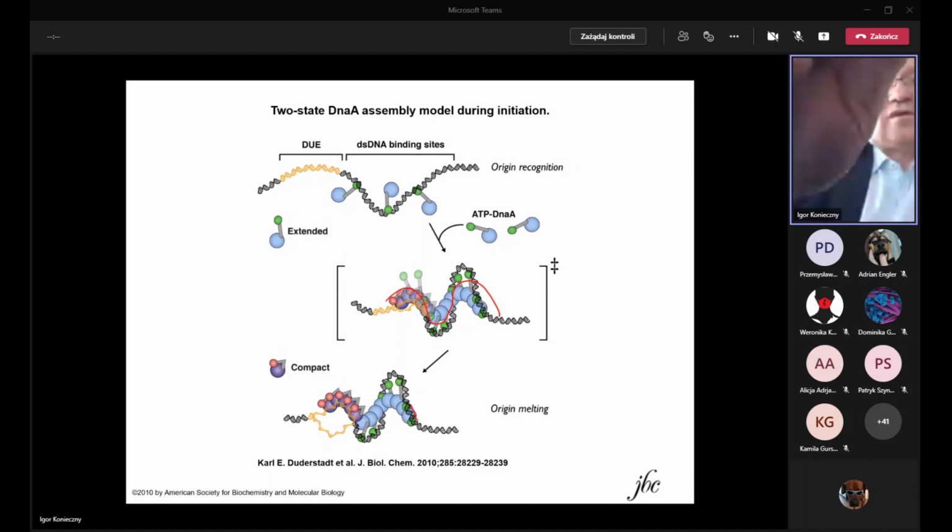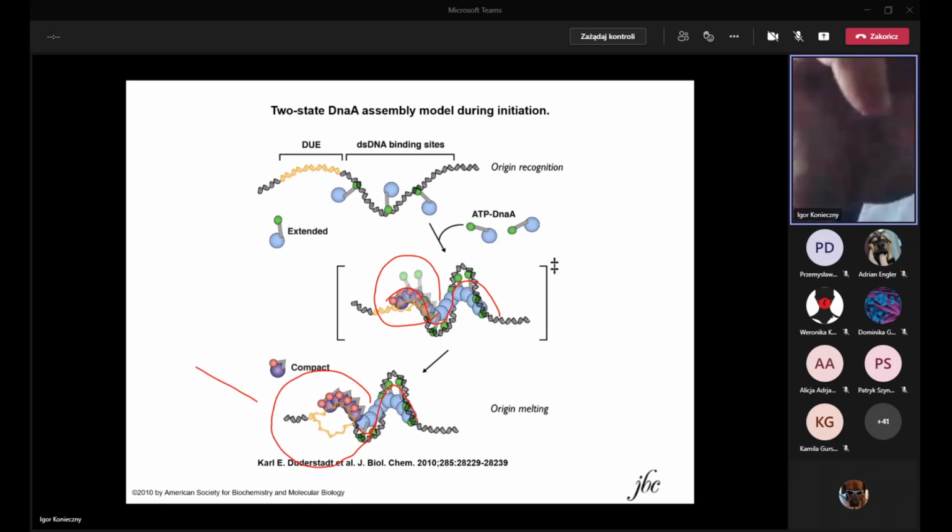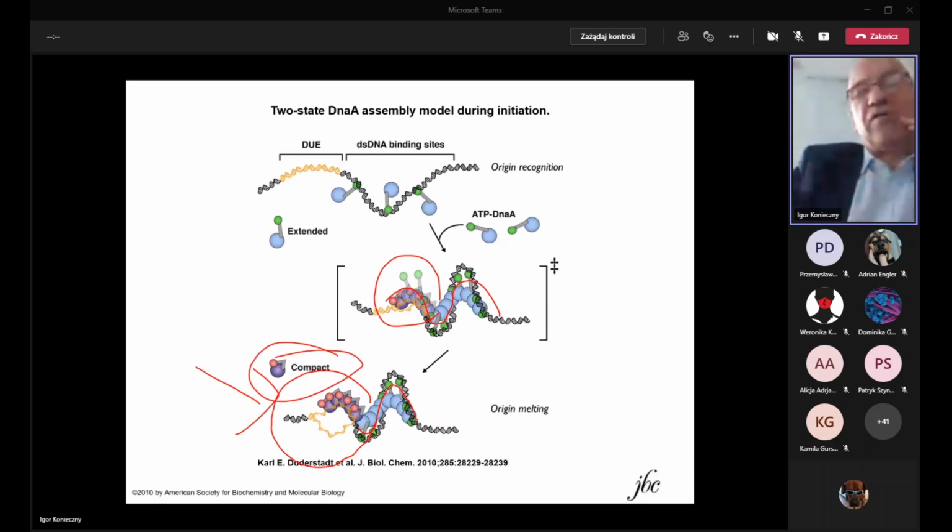So we have the filament, then extended, and then the compact form, and the compact form results in the opening of the replication origin.